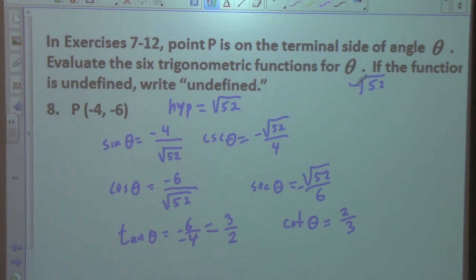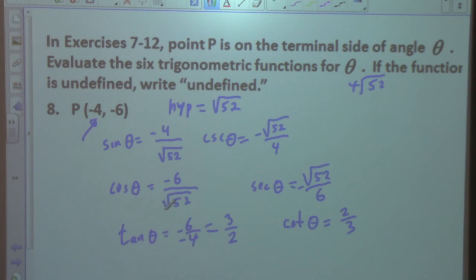Would it not be -4 over -6 on tangent? Yeah, I flipped those two. For tangent and cotangent, they need to be flipped, because -4 is opposite. No, our cosine is x, adjacent. Yeah, that's going to be right.